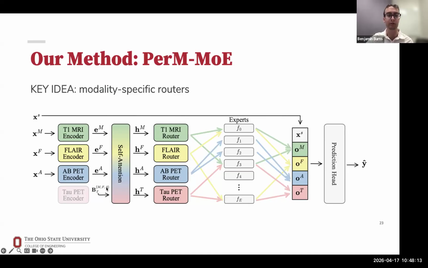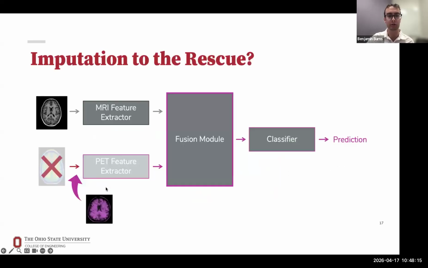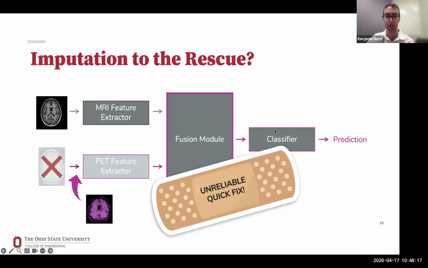We still do use imputation. But again, the key issue with just using imputation alone is that we now are processing the data as if all of it's real. We need to provide the flexibility to differentially process based on which modalities we deem to be reliable because they're actually observed versus which ones may be less reliable.